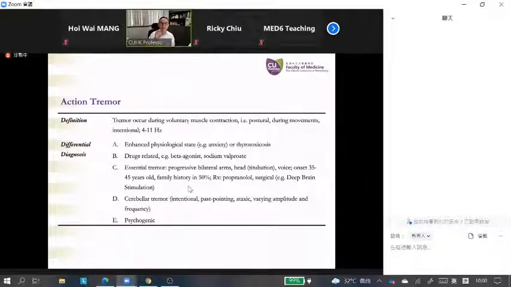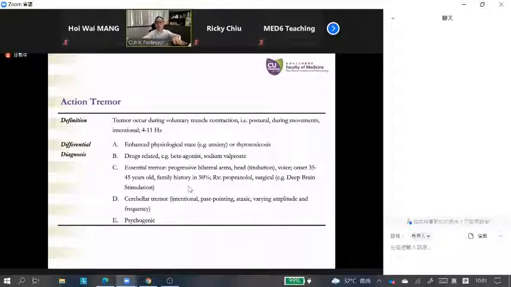So there's this disease which we call essential tremor, just like essential hypertension, meaning there are no other secondary causes. Essential tremor or primary action tremor is usually bilateral. It's different from Parkinson's, which is usually unilateral, with one side more severe.